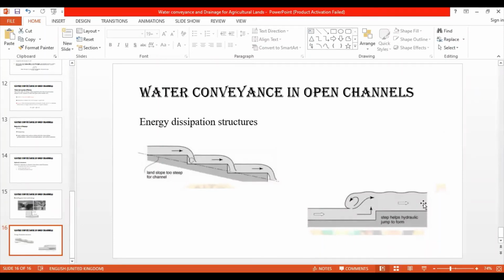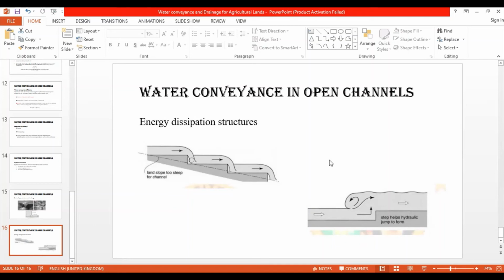Or if you want, you can even just put stones in your channel, which will act as barriers to water.